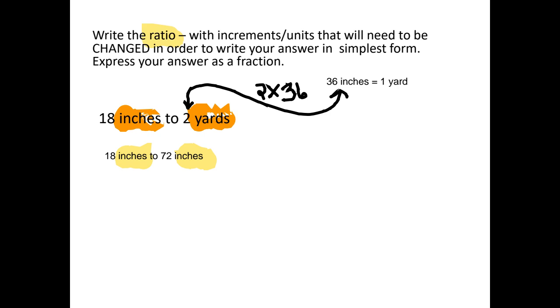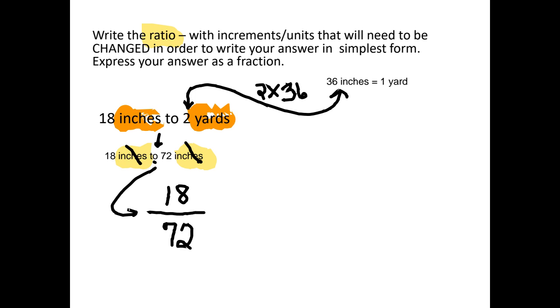Well, again, there's my lovely TO word right here. That is going to create the fraction bar. Now remember, I can now cross these out. They are the same, which gives me 18 with 72 at the bottom. But I have to reduce.